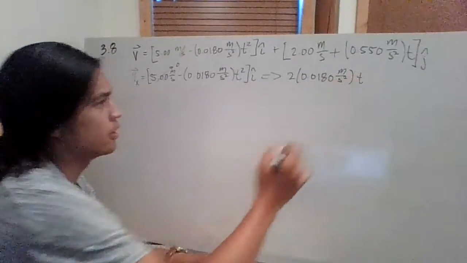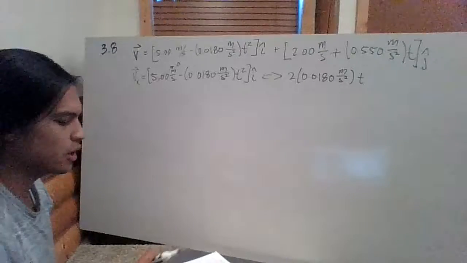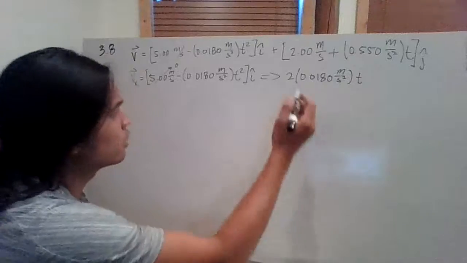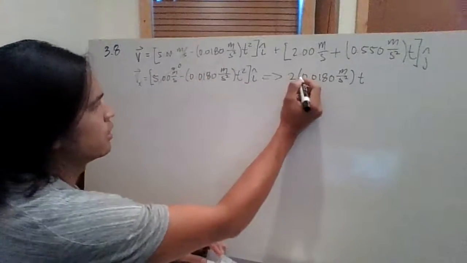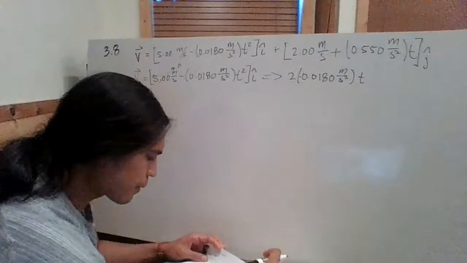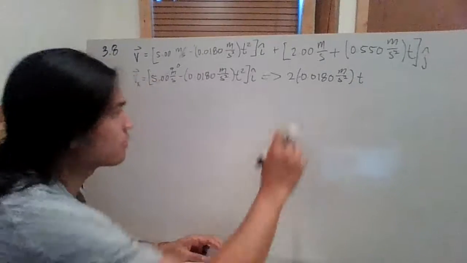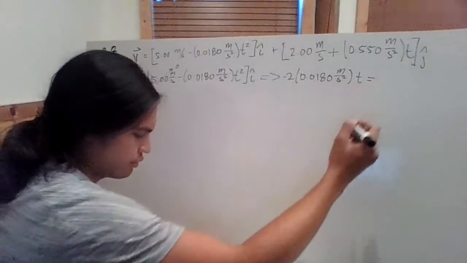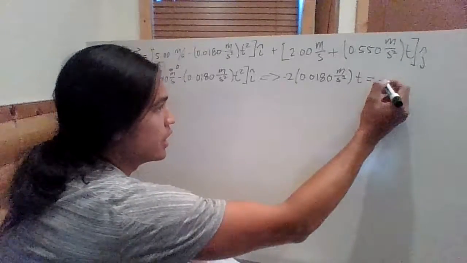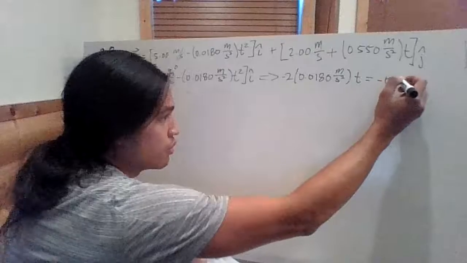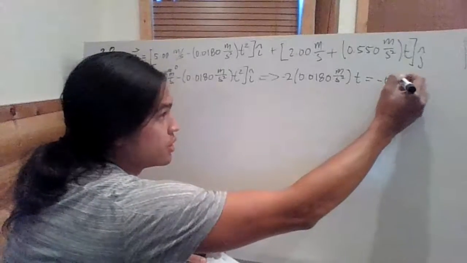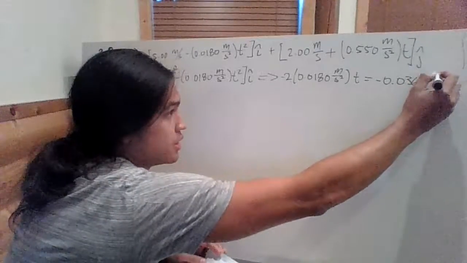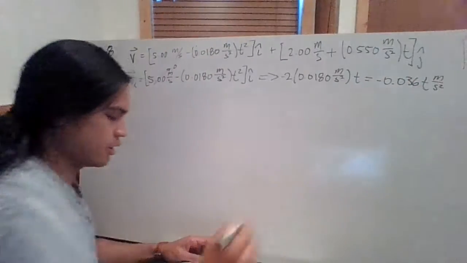Then we multiply this out, and I forgot this is negative right here. Oops, this goes in the front, so that will give us negative 0.036 t meters per second squared.